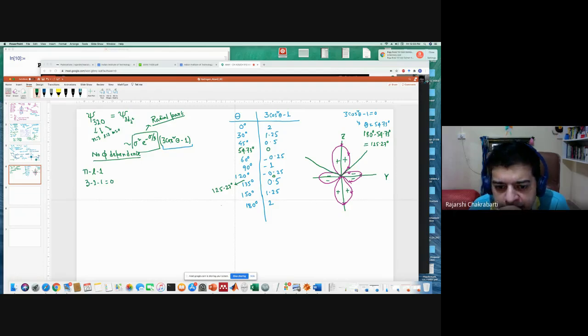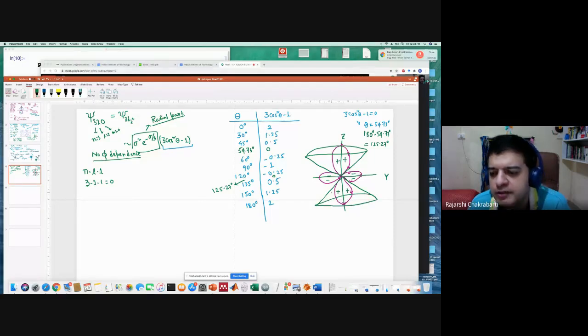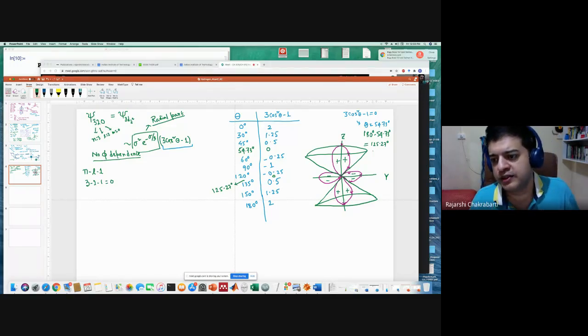But similarly, at 125.27, I have a line like this, I have a line like this. And then what you have here is a cone. Very bad drawing, but I hope you understand. You have a cone. So basically you have two nodes. So this is one node, this is another node. There are 2 cones.